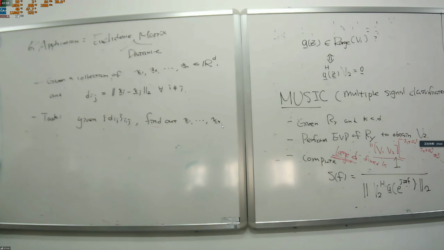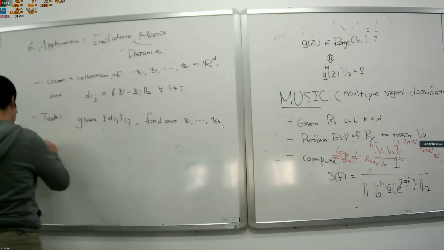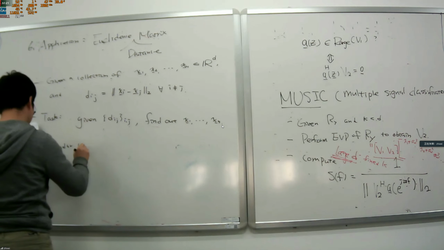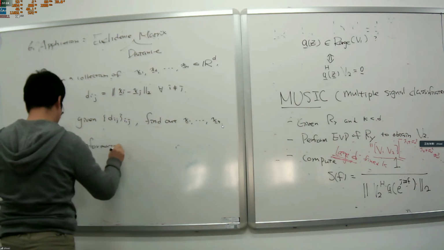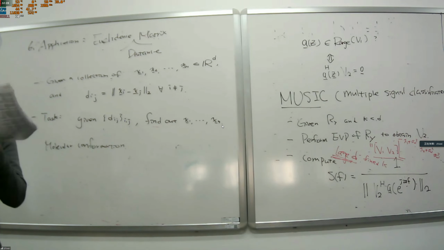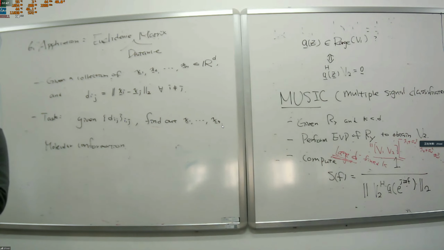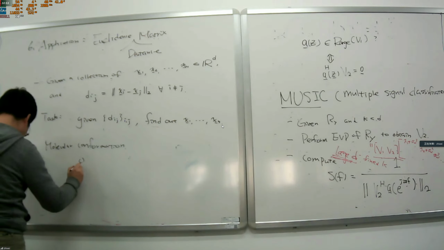This is quite weird, right? For example, in chemistry, this is the molecular conformation problem. By some experiment, they can measure the distance between any two molecules, and then they want to reconstruct what the molecule looks like. So you know there are n points, and you know the distance between any two, and you want to reconstruct what it looks like. Maybe it looks like this.